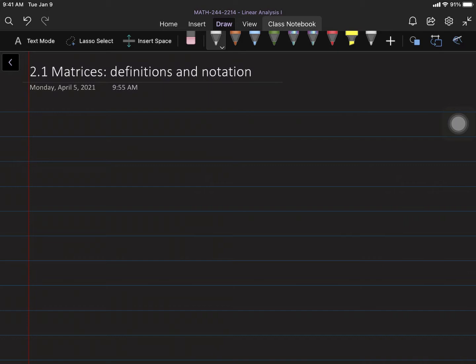So the first definition is called the matrix, definition 1. Here we have m by n.